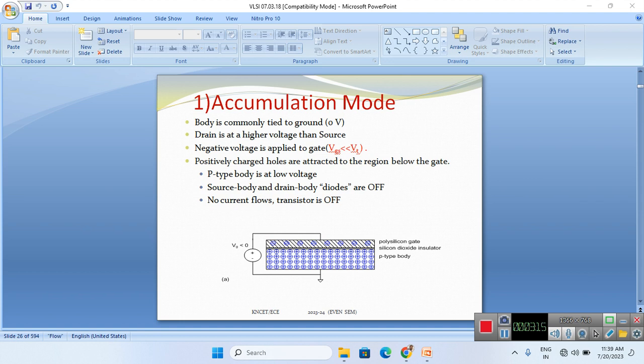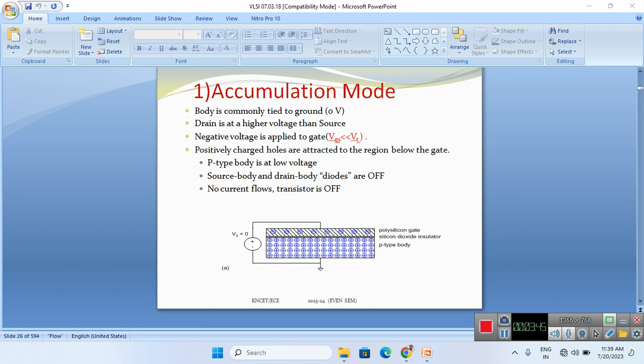If you apply a large negative potential here, the p-type substrate, which has positive charge carriers, that is holes, will have all its positive charge carriers accumulate under the gate due to this very high negative potential. So this mode is called the accumulation mode.